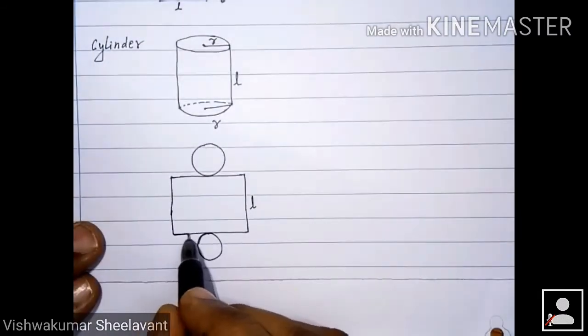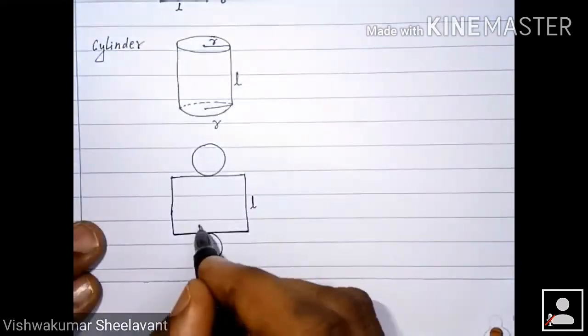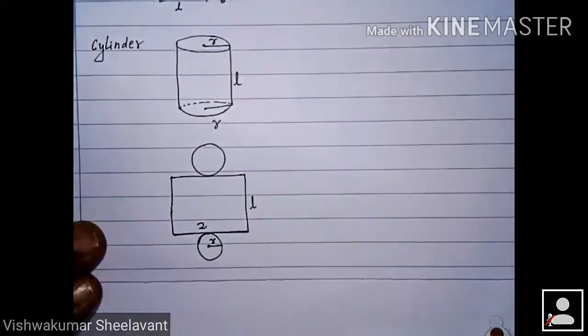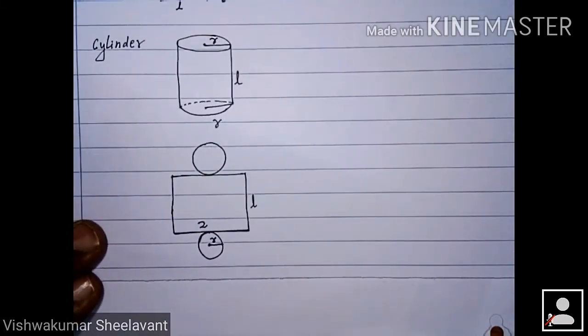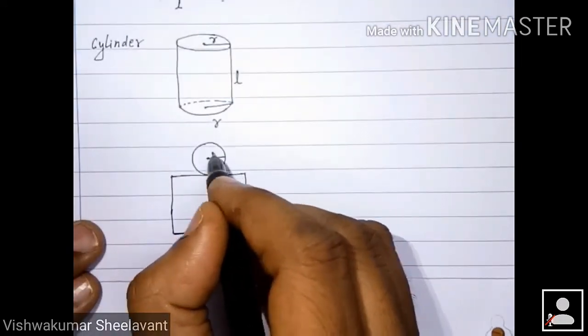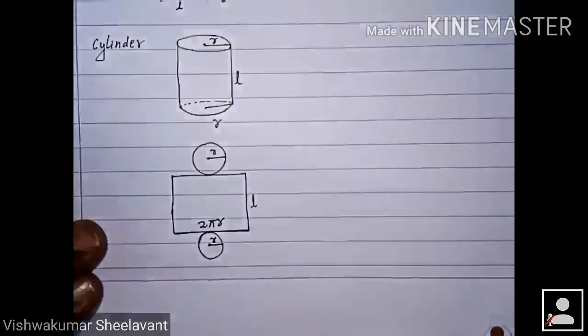and the breadth of this rectangle, what you see here is nothing but circumference of base or top circle, that is 2 pi r.